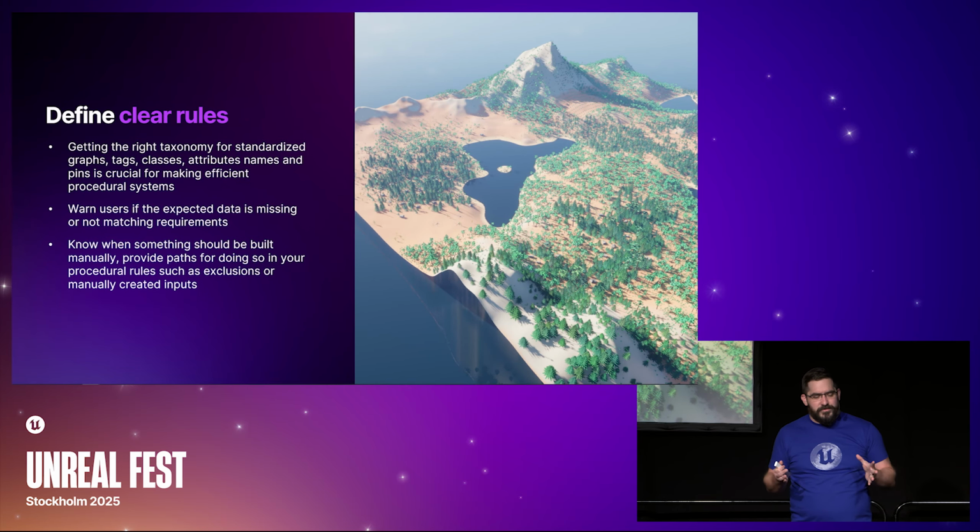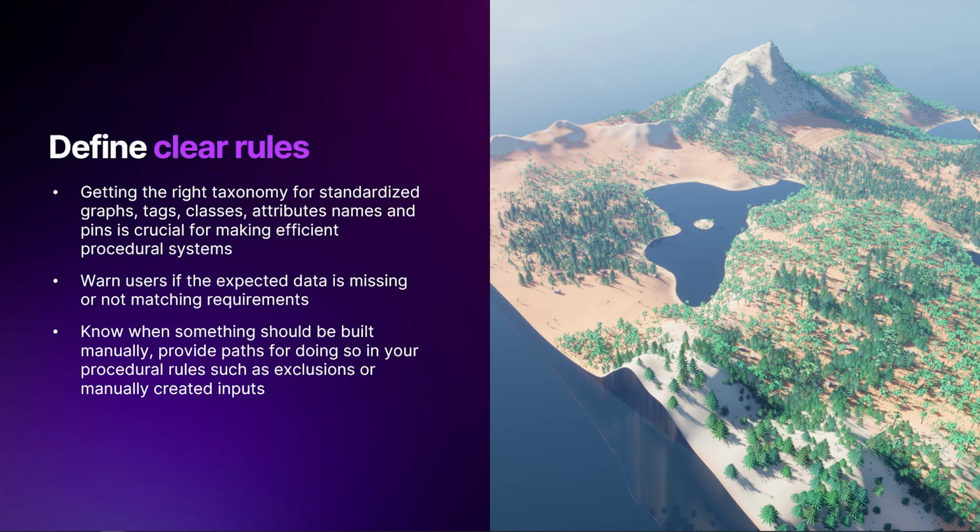And have rules. Have rules for how you're building your PCG and get the taxonomy right from the get-go. Get those tags that your artists are going to put on their assemblies right. Get your attribute naming scheme right, because you can add your own attributes. You can make your own attributes on points and all this other data.